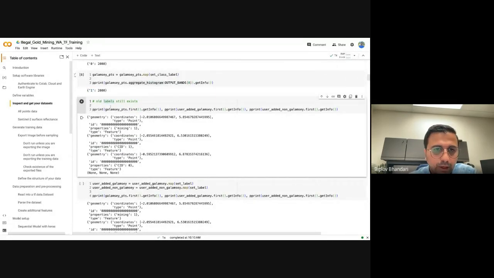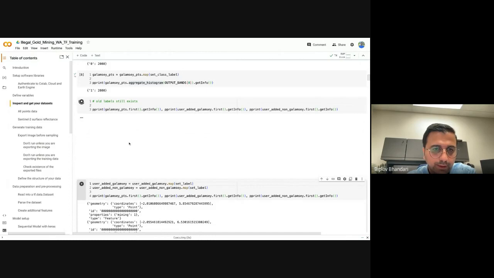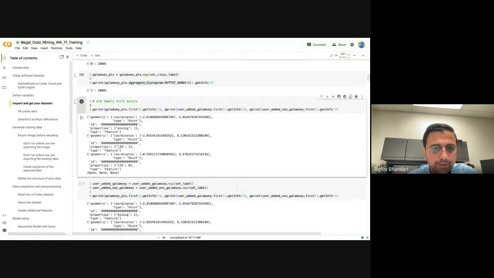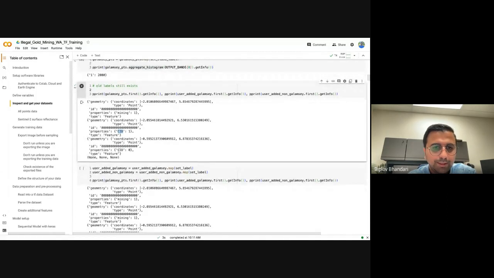Now if you run the Galamsey point, I'm getting the first feature in that feature collection and printing out its information. Again, also doing the same thing for our user added Galamsey and user added non-Galamsey. When you run that, we see that there are still some of these CID, the old label, that exist.